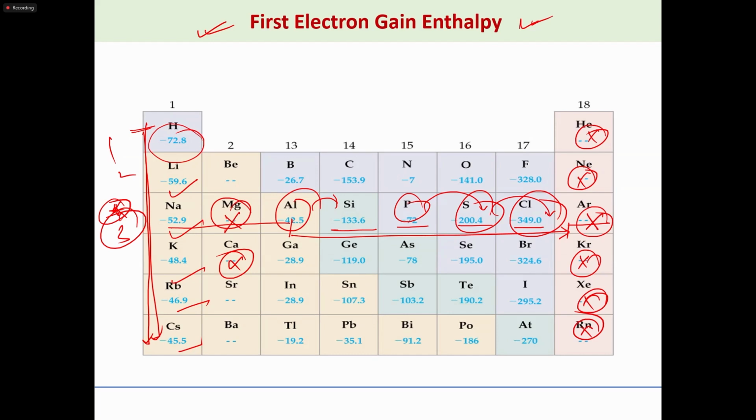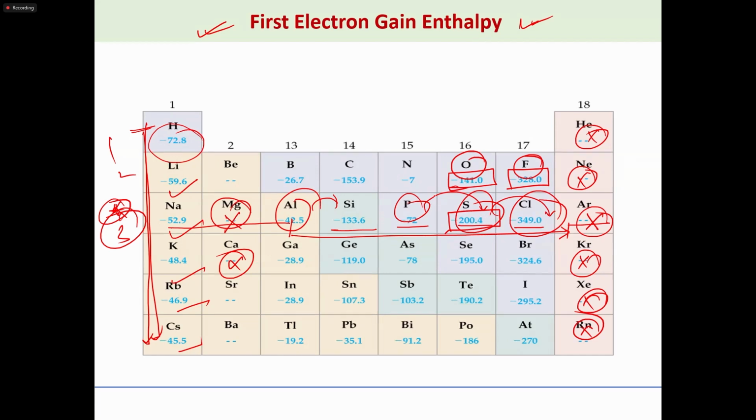So I am showing how this value decreases and increases, but there are some exceptions. You can see that for oxygen and fluorine, if you compare, for oxygen the value is minus 141.0, but for the sulfur case the value is minus 200.4.